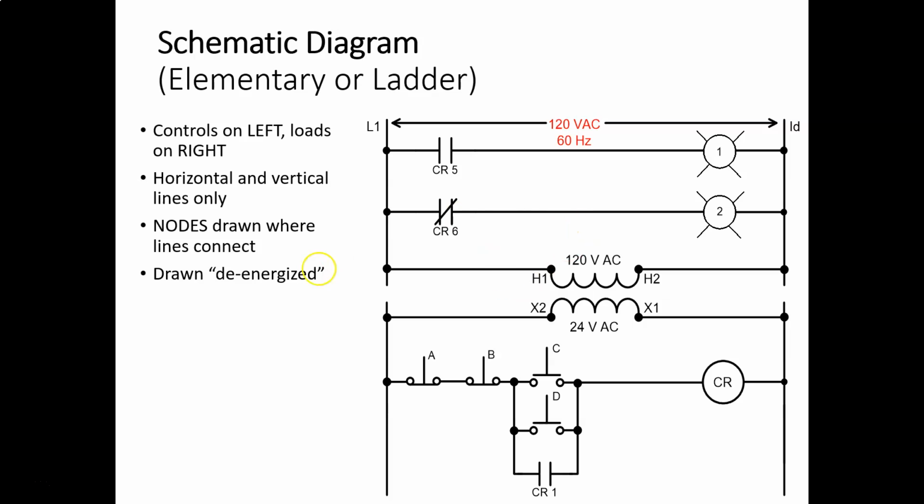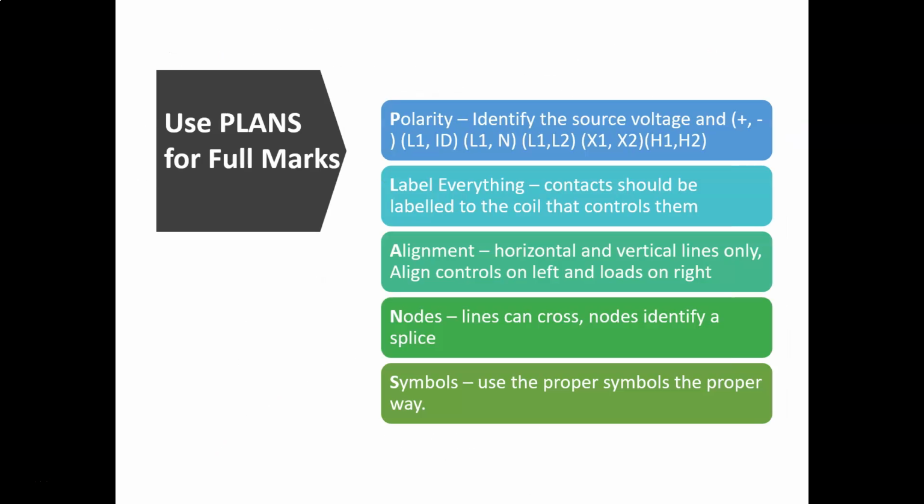So going back here, I have my relay coil right here, CR, and I have these contacts here labeled CR, which means this coil is controlling these contacts. Because in schematic diagrams, we're going to have multiple coils and multiple contacts. You need to know which contact is being controlled by which coil, to know the actual sequence of operation.